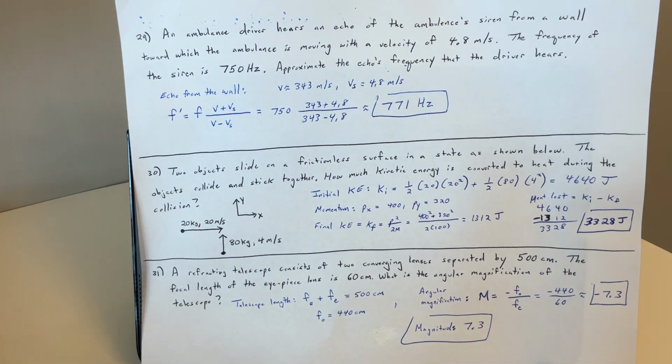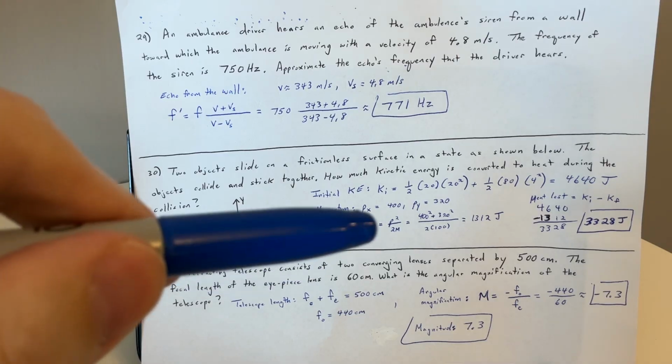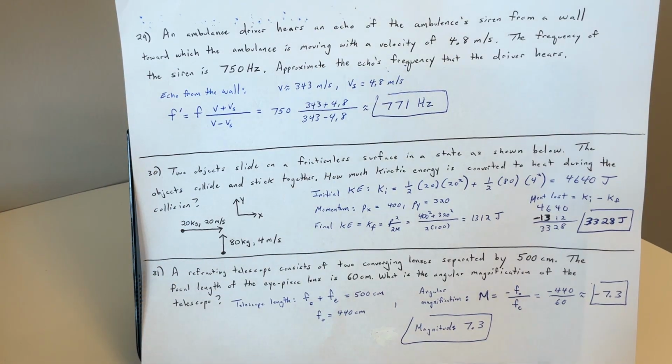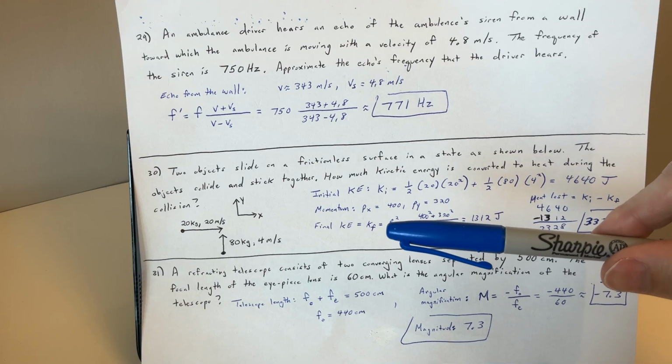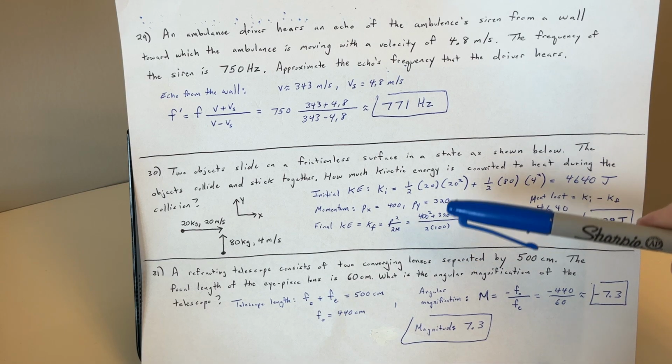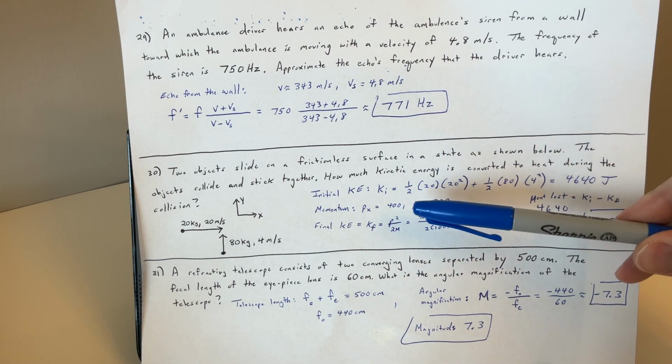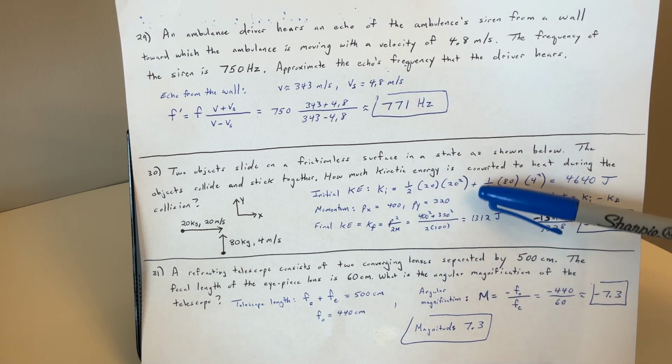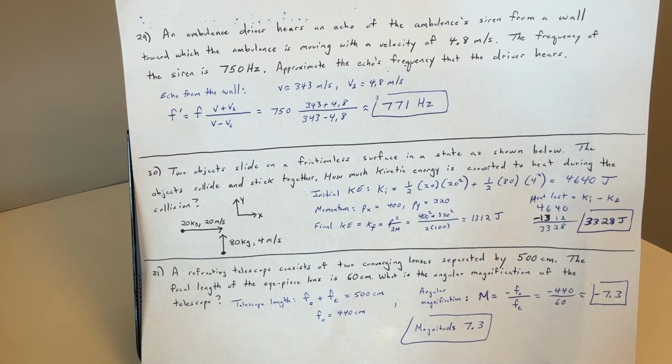And then our final kinetic energy, K sub F, we're going to have P squared over 2M. That's going to be 400 squared plus 320 squared over 2 times 100. That's going to give 1,312 joules.